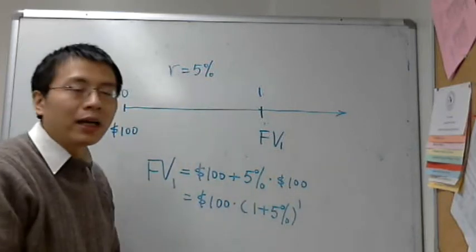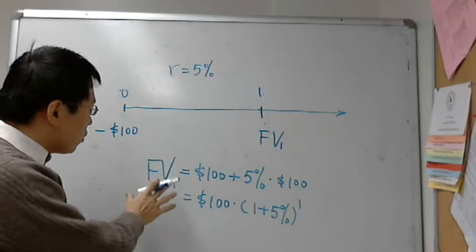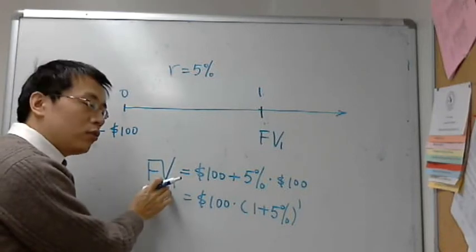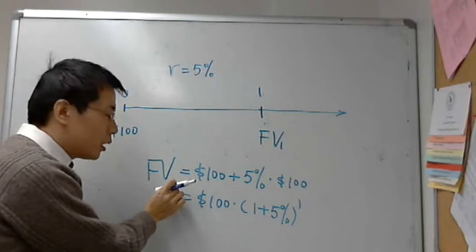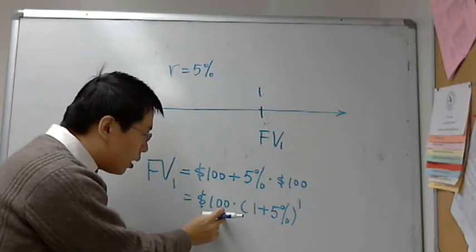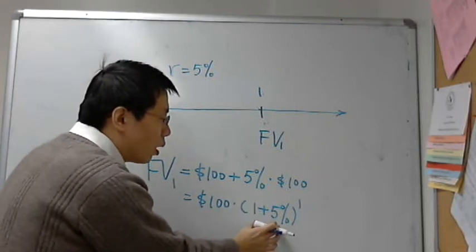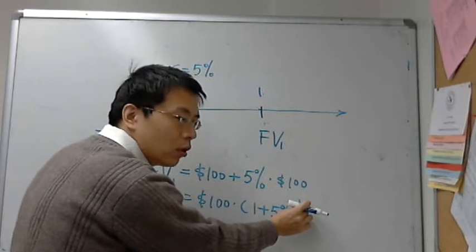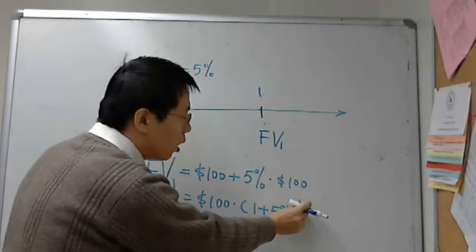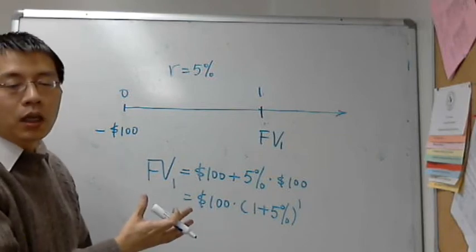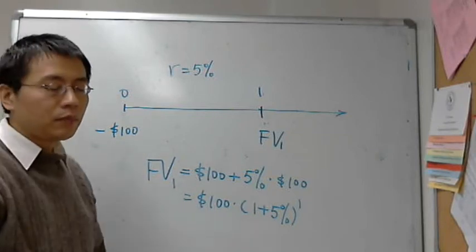I will put down a 1 here. So if you look at the relation, the ending balance or the future value at the end of the first period is the $100 initial deposit times 1 plus the period interest rate saved for 1 period raised to the power of 1. So that is the future value at the end of year 1.